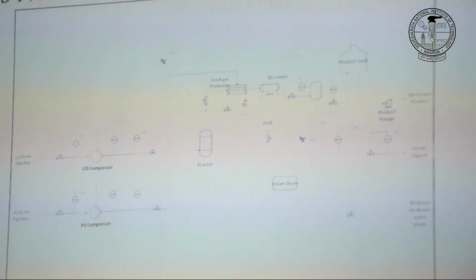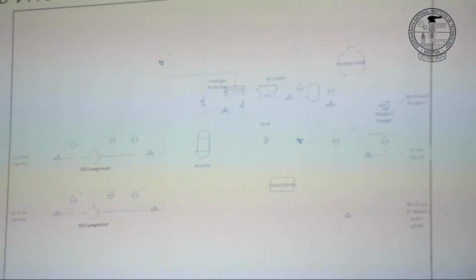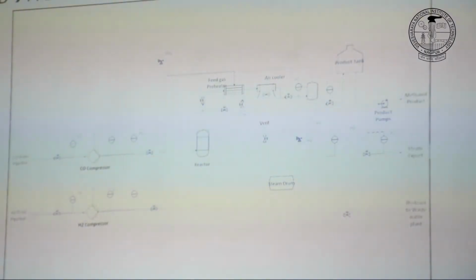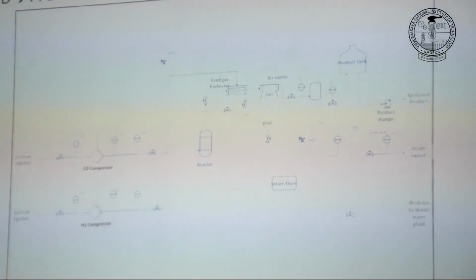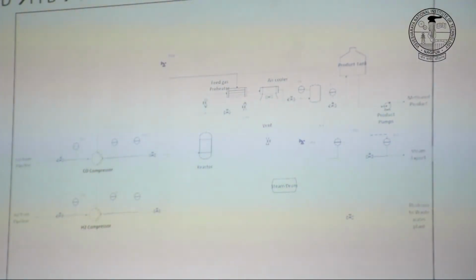And quality is simply whether the product you have produced is up to the standard of quality specification. I think your group also thought about having product purification. Yes, sir. Based on this reaction, I didn't expect it, but in reality, yes, there is a methanol purification step as well.